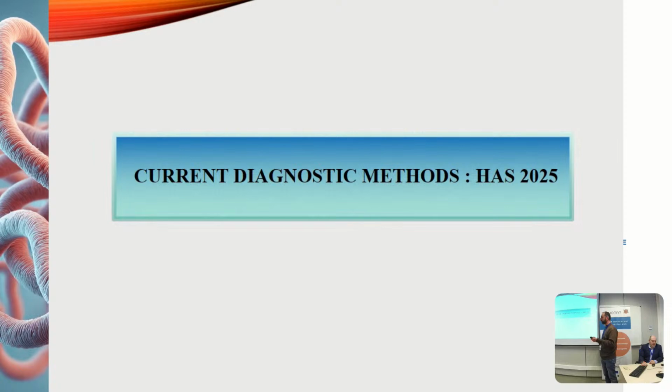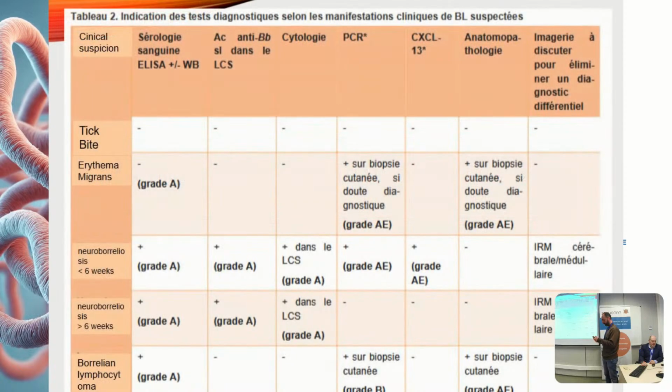For the diagnostic, as you said, Christophe, it's very difficult, and this slide is from the HAS in February 2025. So the publication is recent. And you can see, as you said, there is an indirect diagnostic with antibodies, with ELISA, Western blot, with the confirmation test.